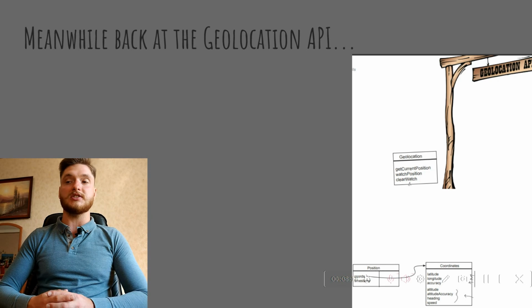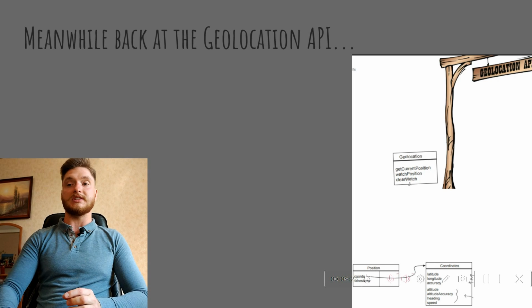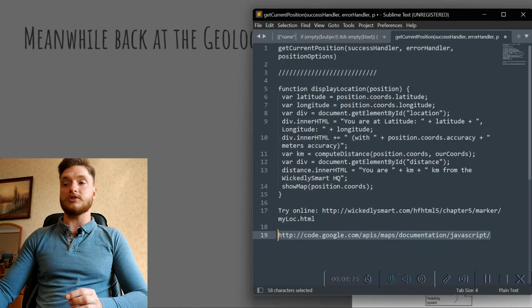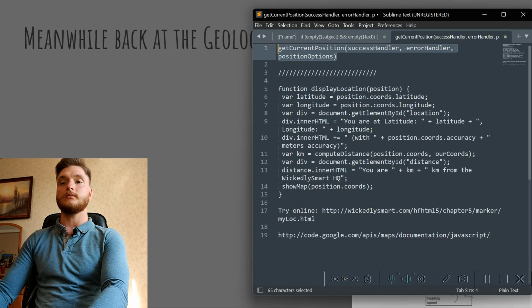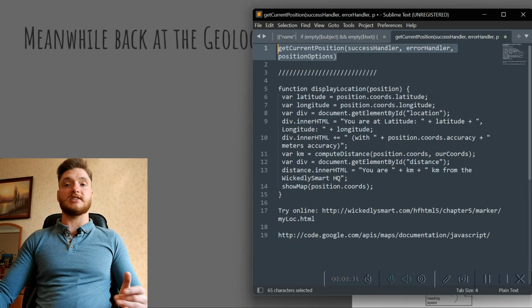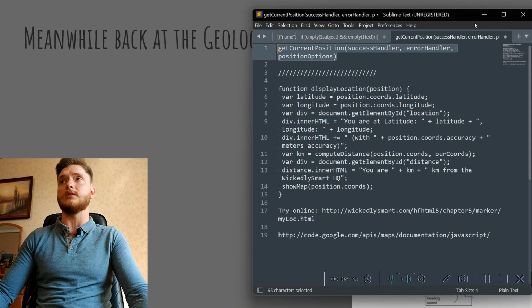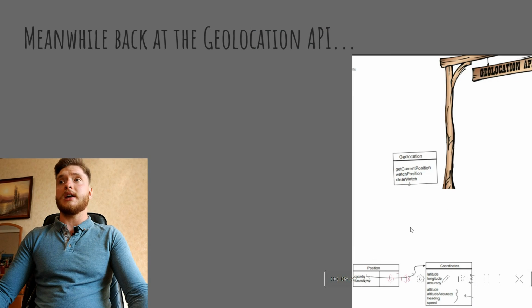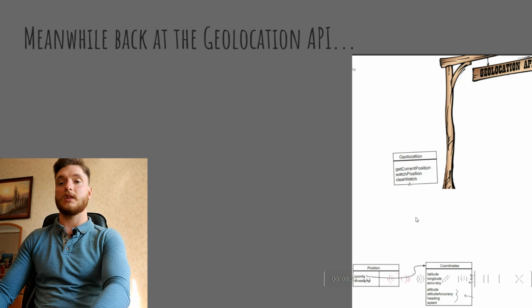The error handler is called when the browser can't determine its location, as we've seen. There are many possible reasons for that. And remember, the success handler or callback is called when the location is determined, and it's passed a position object.